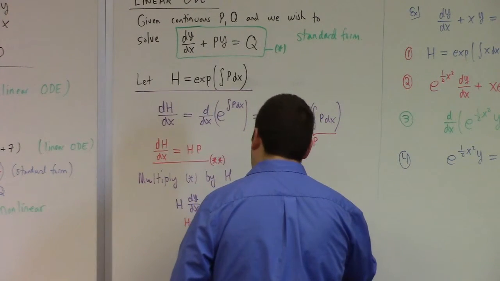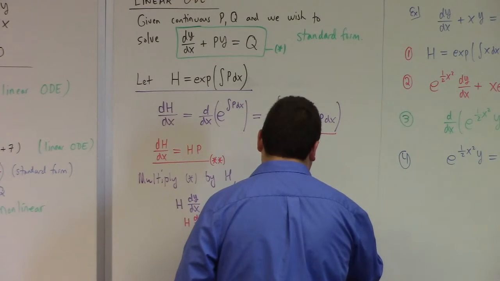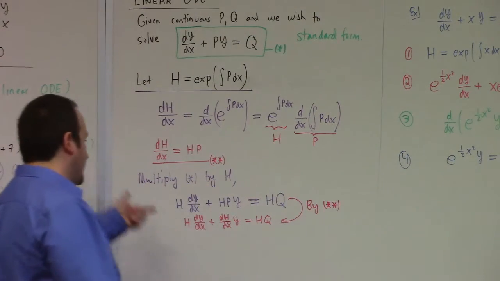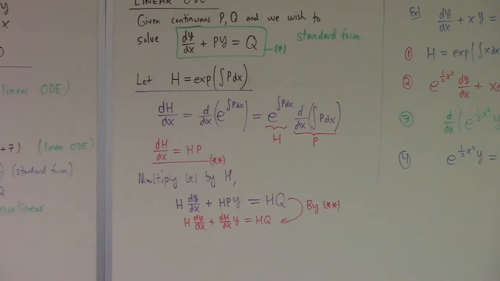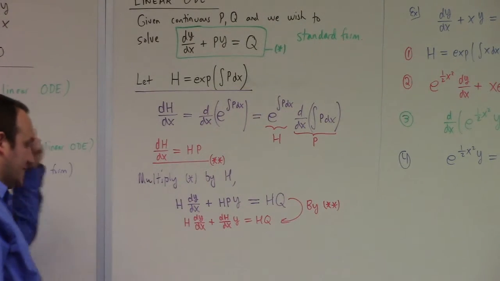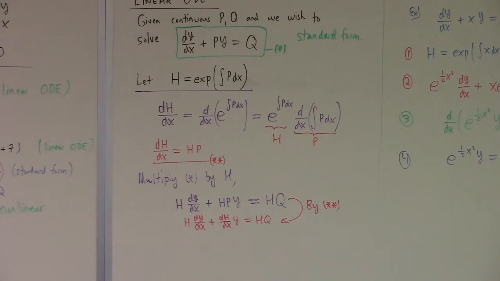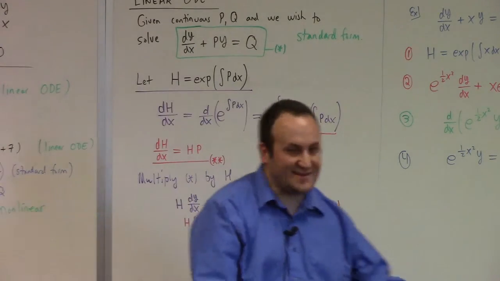And that's by star star, because hP is dh/dx. You guys with me? Star star is the identity right there. dh/dx equals hP. So I'm just saying h times P is dh/dx. So what? So look at this. Look at the thing I just got to. What is it?